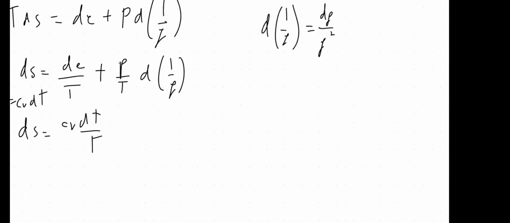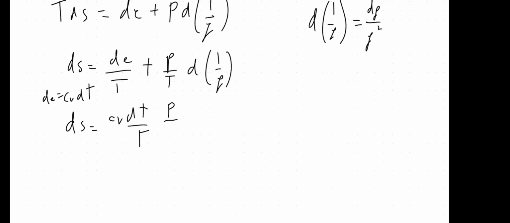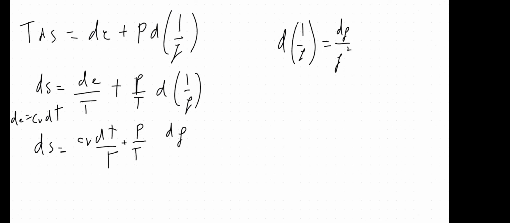Quotient rule goes from low d rho, and then top derivative is 0, right now 1, and then we have rho squared. I believe this is another way to write that. And then what does that give me? This gives me P over T. Does this actually help me? I'm not sure if it helps me, but we will just write it.